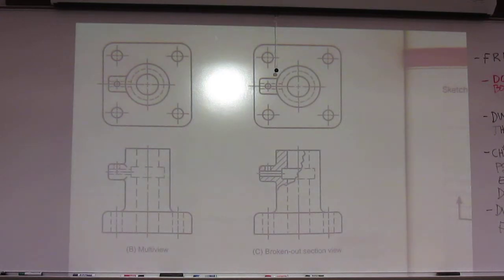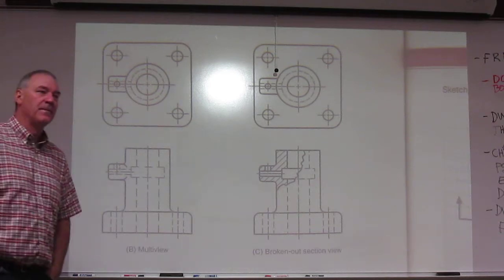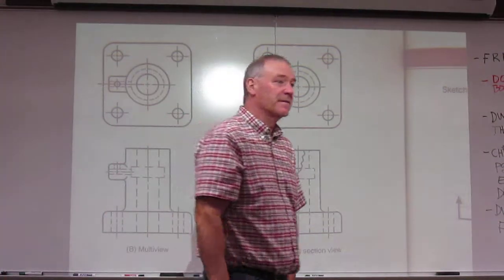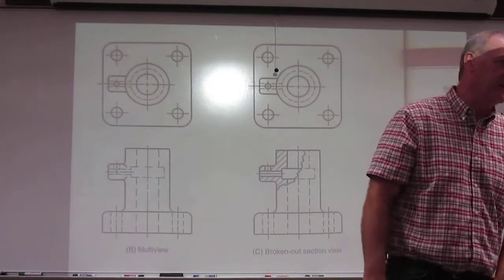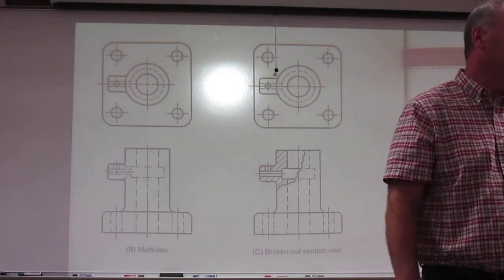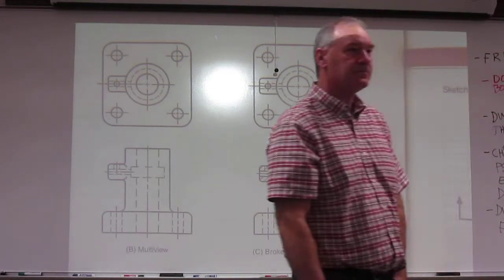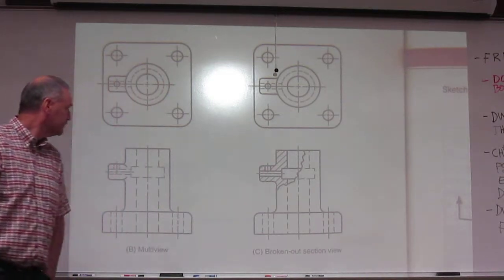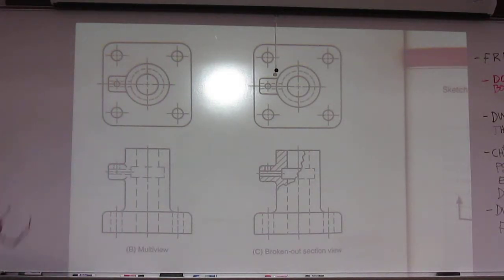Okay, any other questions? Did they ever use these sections to eliminate an additional view, like in the multi-view? Oh, yes. Yeah, they will eliminate other needs for views. You bet they will. The only other way to do that would be a removed section, like a detail, which is one of our sections.